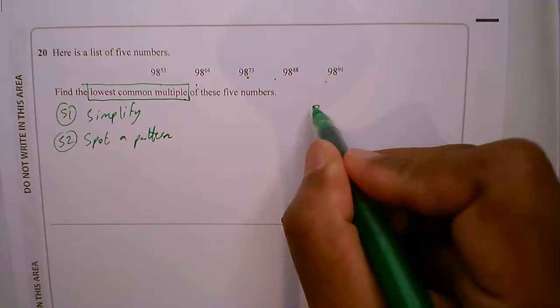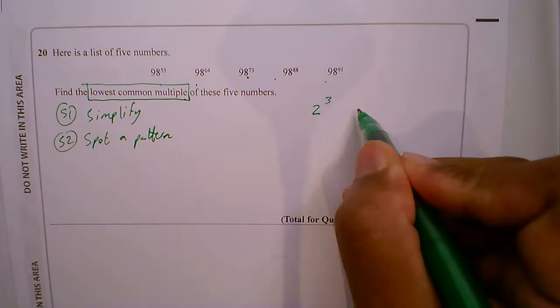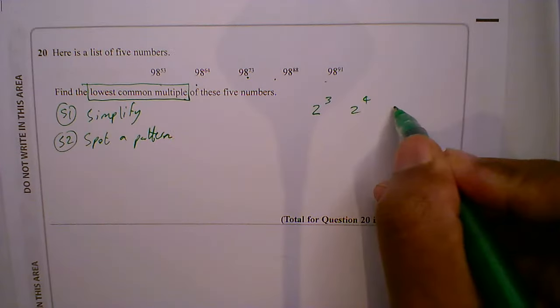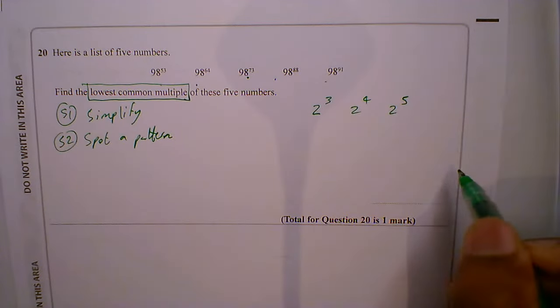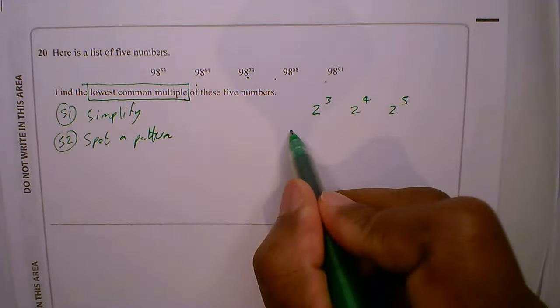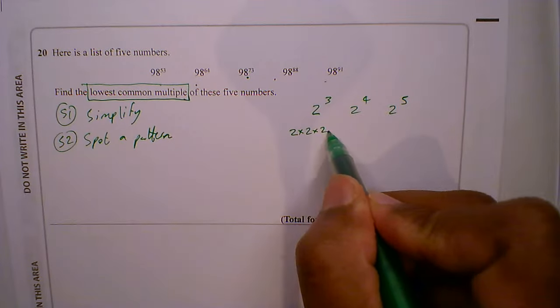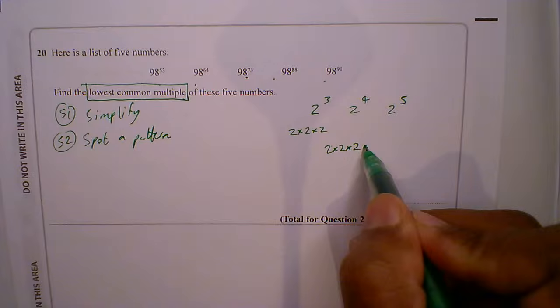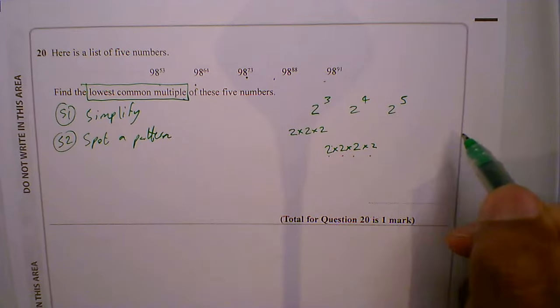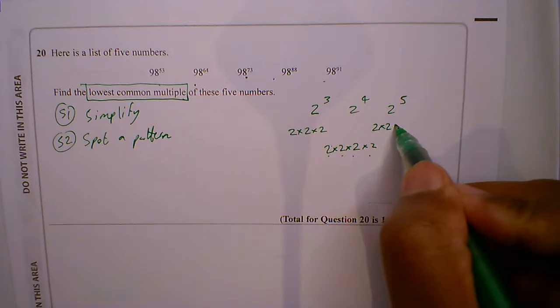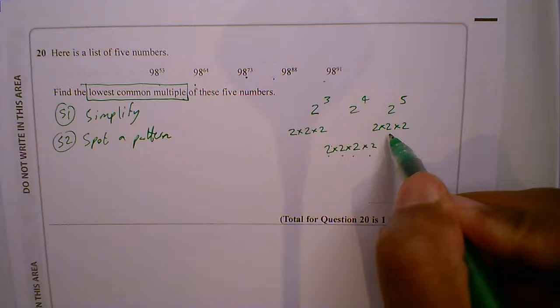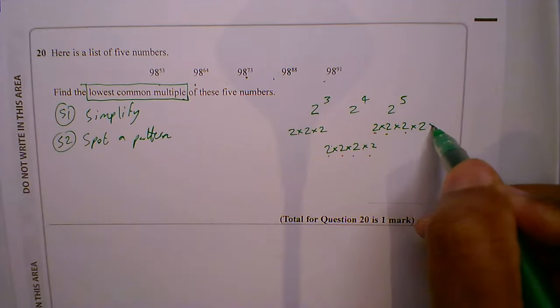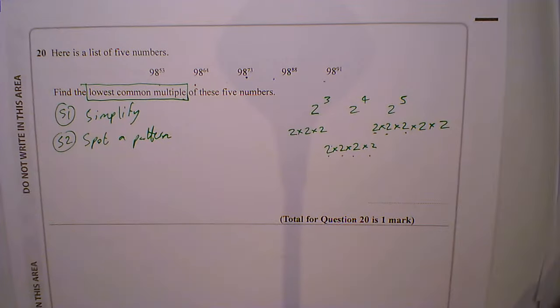Let's say 2 to the power 3, 2 to the power 4, 2 to the power 5. What is 2 to the power 3? It's 2 times 2 times 2. 2 to the power 4 is 2 multiplied by itself 4 times: 1, 2, 3, 4. And then 2 to the power 5 is 2 multiplied 5 times: 1, 2, 3, 4, 5.